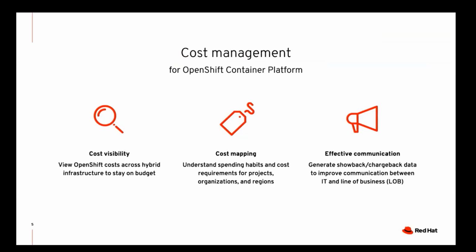And the last part is getting the information that you really need to communicate that effectively to the people that need to know, in order to generate your showback and chargeback data and influence how your internal and external customers are going to be seeing and using your infrastructure, your platform.